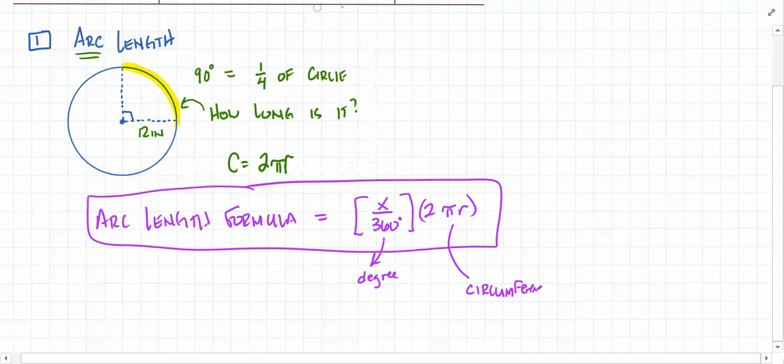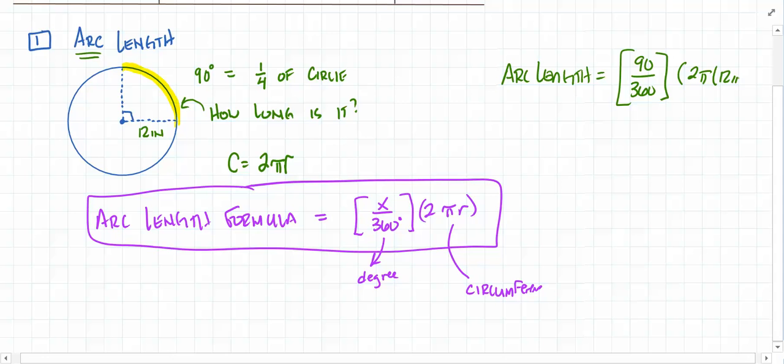We would say the arc length would have to be 90 of the 360 degrees total, multiplied by 2 times pi times my radius, which is 12 inches.